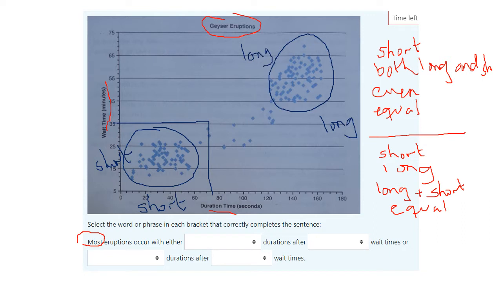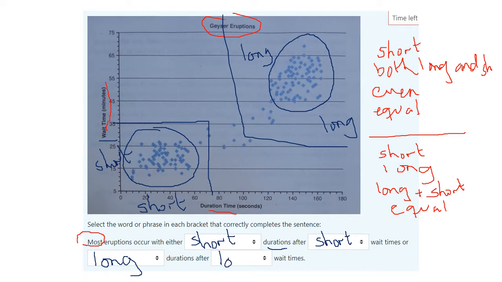So most eruptions occur either, now we're looking for the duration, so we should have the word short, a short duration. Now waiting time is also short, after short wait times. Or, if we look at this section of the graph up here, we'll be looking for something that says long durations and long wait times.